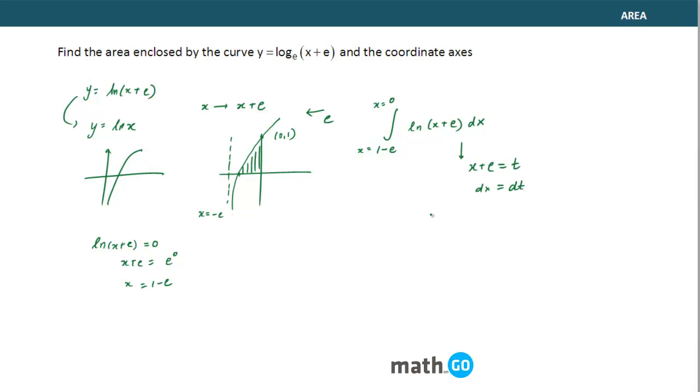So let's see how the limits change. If you put x equal to 1 minus e, it gives 1, and x equal to 0 gives you e, and this will be the integral of ln t dt. This is what you need to solve, and I hope that you can very easily solve this particular problem. The answer to this will definitely come out to be 1. So just solve this and you will get that the answer is 1.